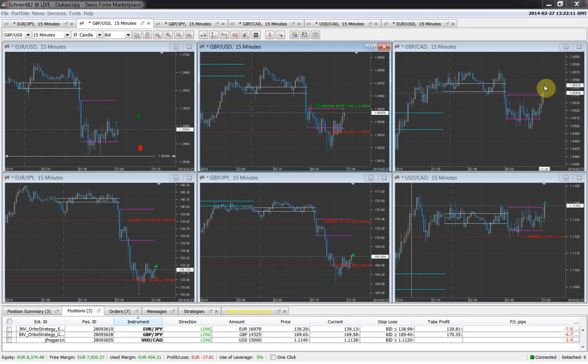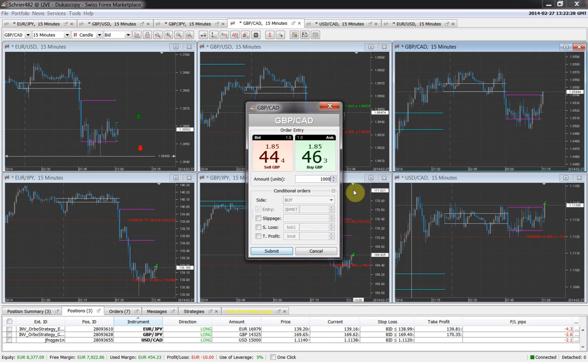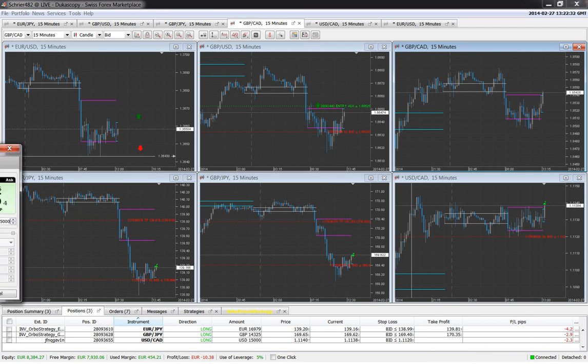You pay a little bit for information. That's a good question, Vera. First, because I have already 3 positions open and it's not going anywhere. Second, because if you compare euro dollar versus pound dollar, you can see that the pound is stronger than the euro.